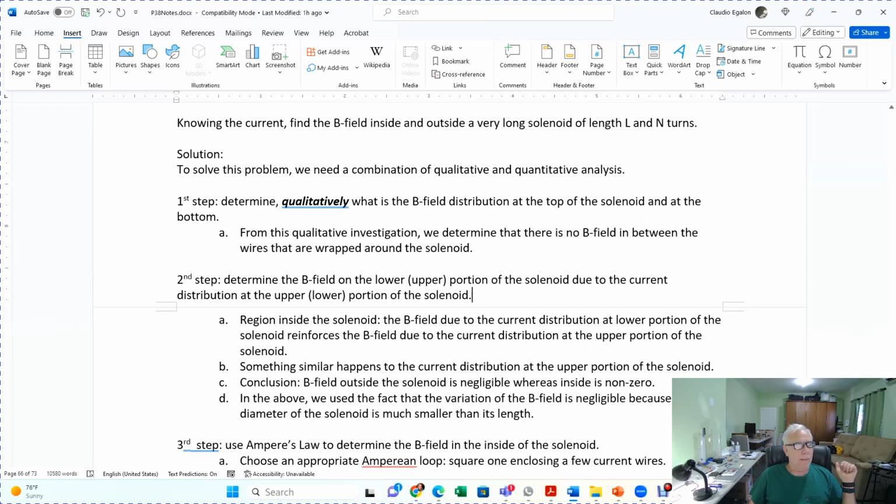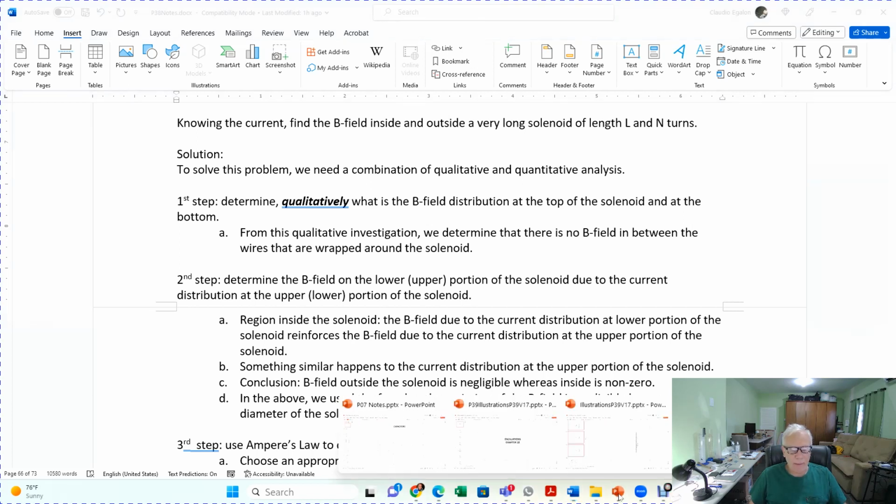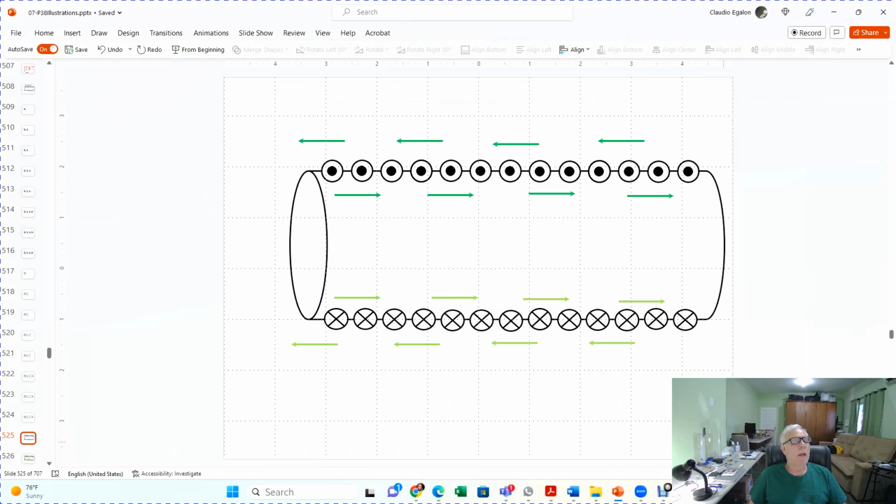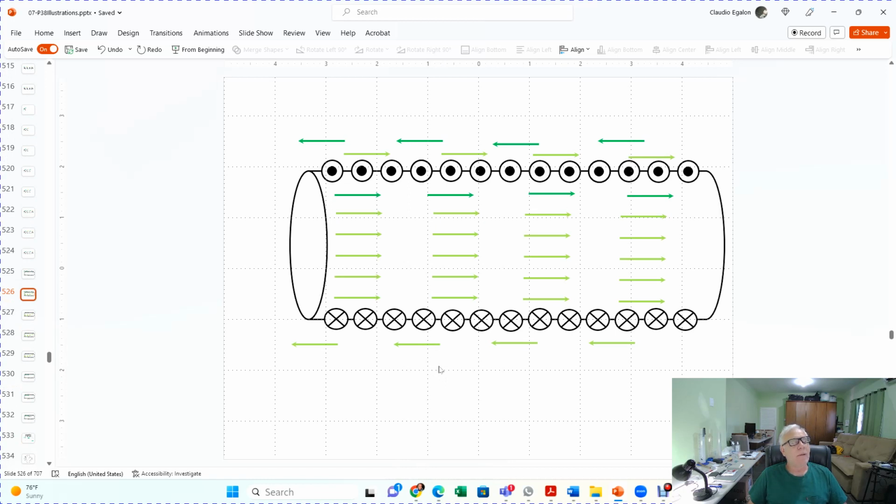Let's take a look. Notice that the magnetic field generated by this wire distribution is to the right, and this one here too is to the right. Notice that they point in the same direction, right?